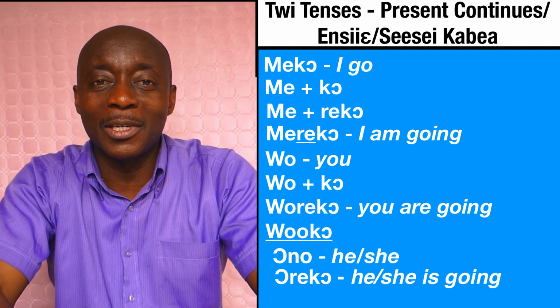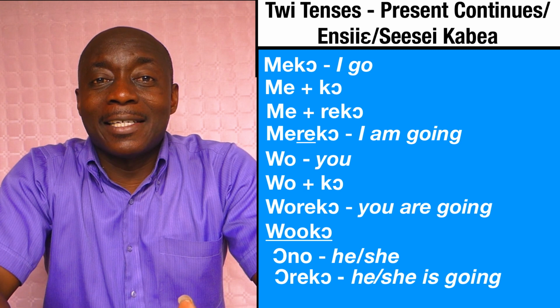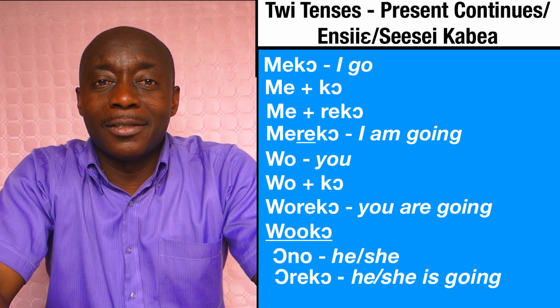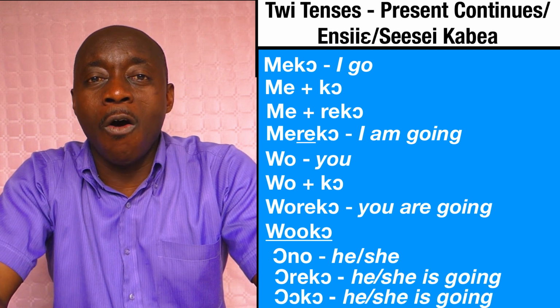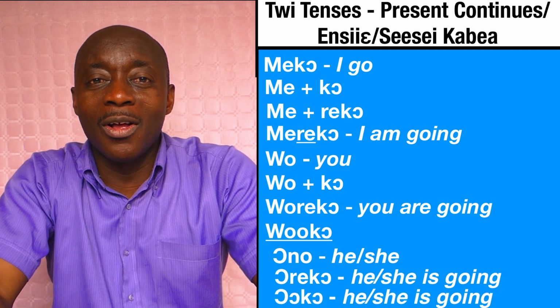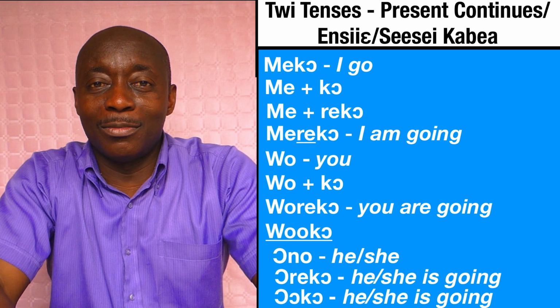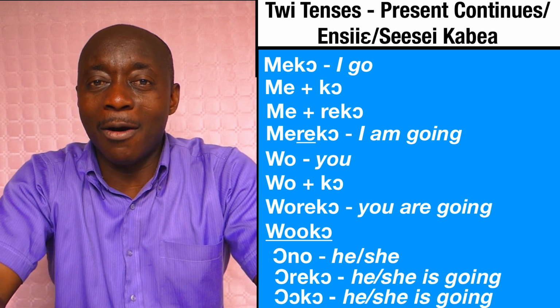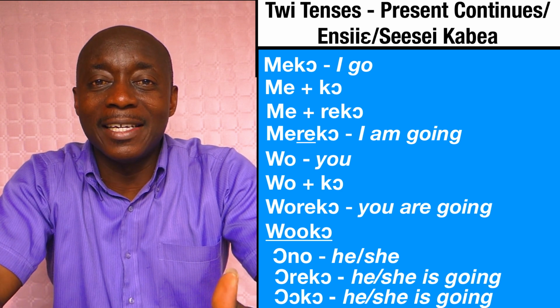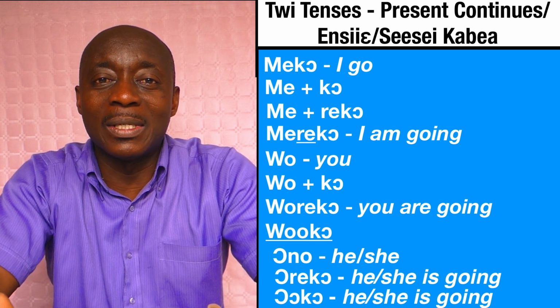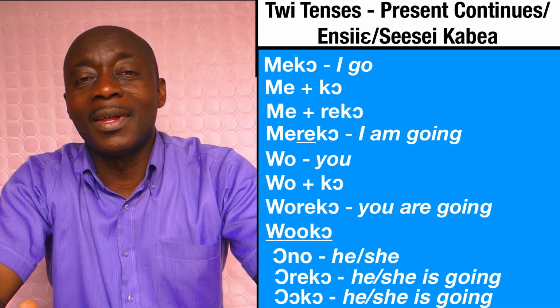It's the same. But like I said, this is how we write it. In normal daily conversations, we will say oko. Double the vowel. Elongate the pronoun. And you will sound very native.